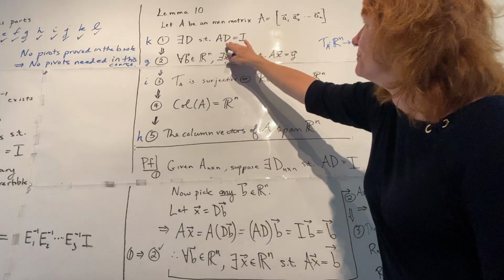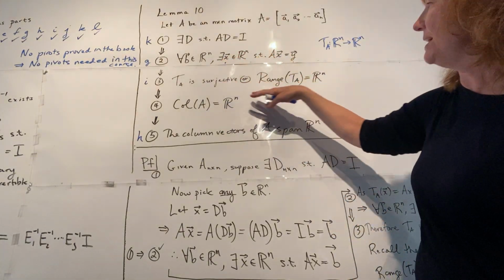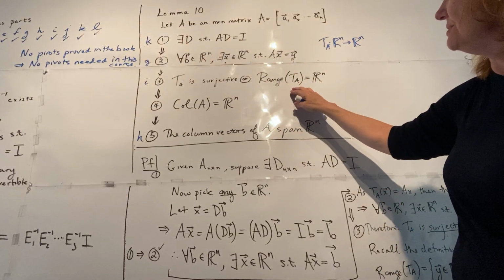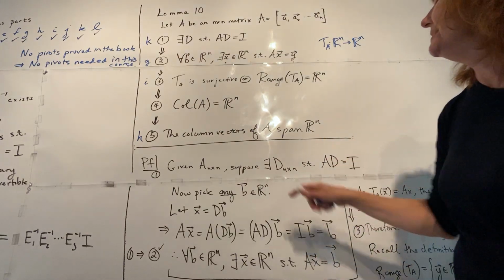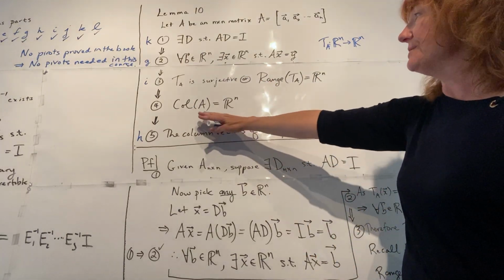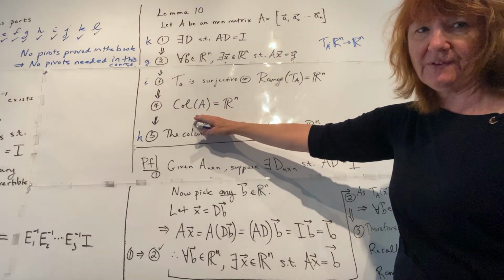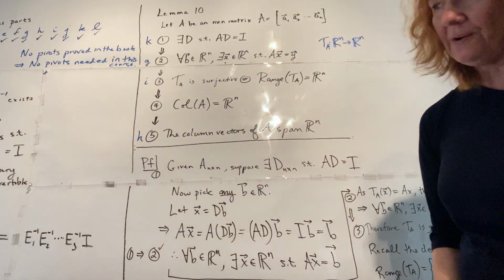So that's what we're doing right here. We're stating that that property gives us this one. Well, that by definition is saying that T sub A is surjective, or that the range of the transformation is equal to all of Rn by the definition of range. And we're going to show how that also gives us this, that the span of the column vectors of A, called the column space, is exactly equal to Rn.